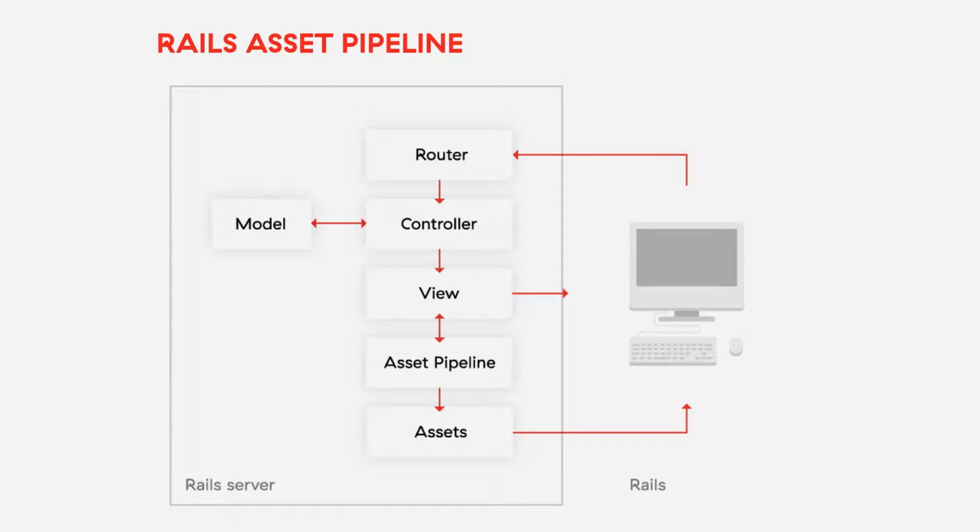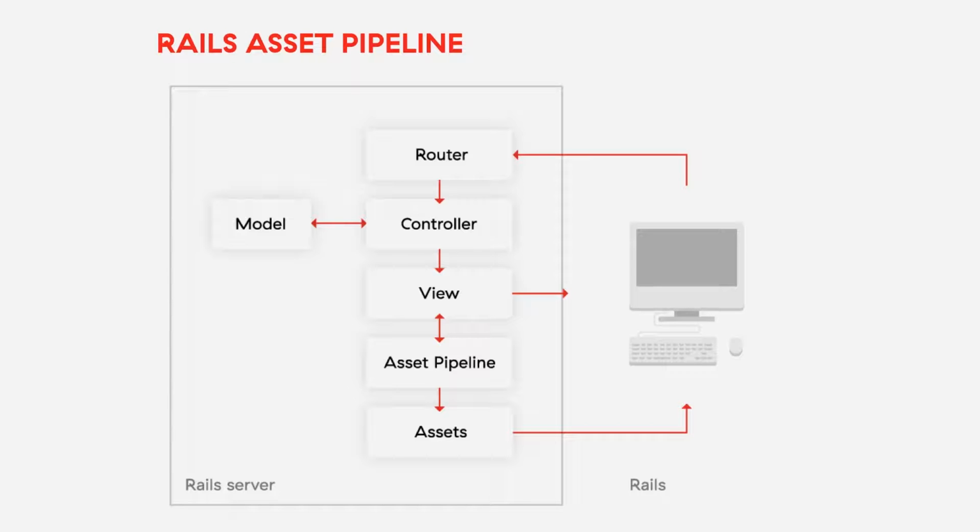The request will go to the router, to the controller, which will communicate with the model, then to the view, and the view will talk with asset pipeline, which is Rails mechanism for assets, and it will say, OK, I need those files, and asset pipeline will give it file names or whatever, and the view will respond to the browser. And then the browser will get the assets from the asset pipeline.